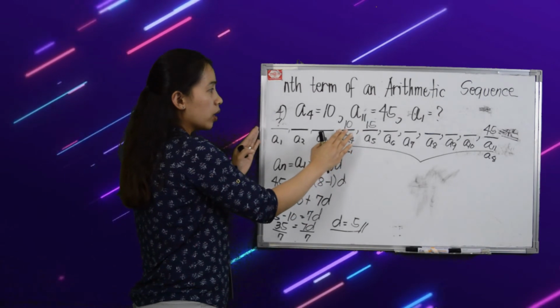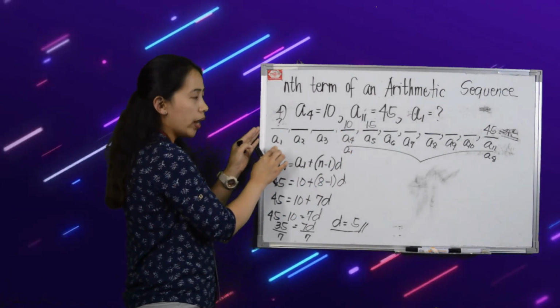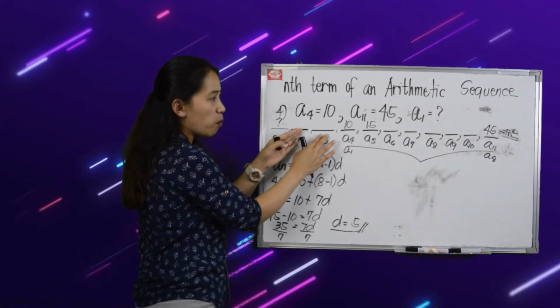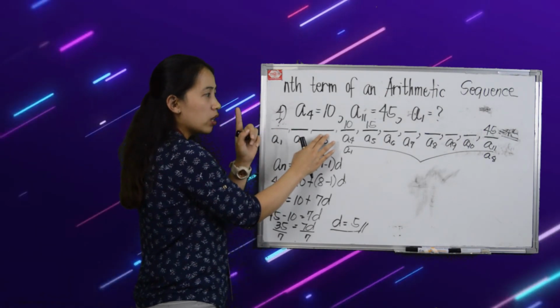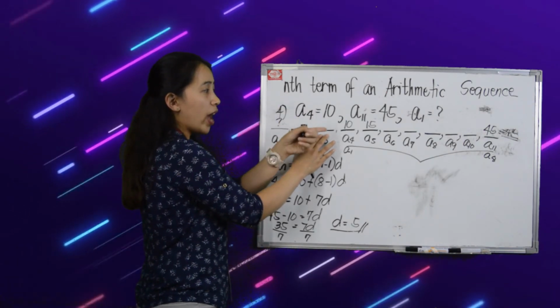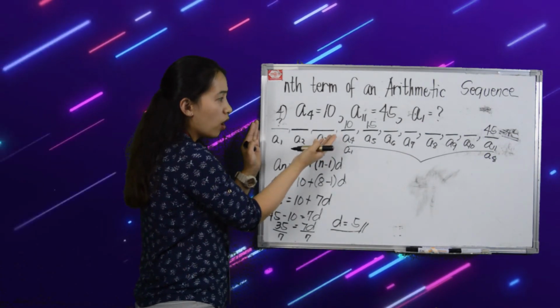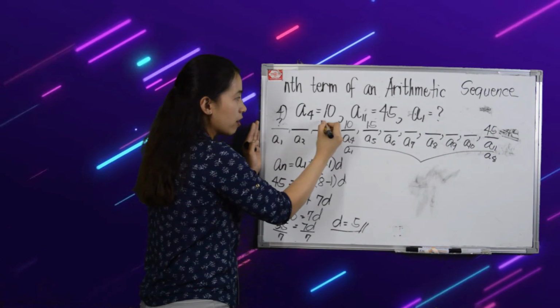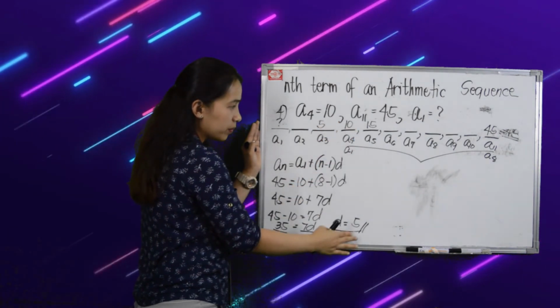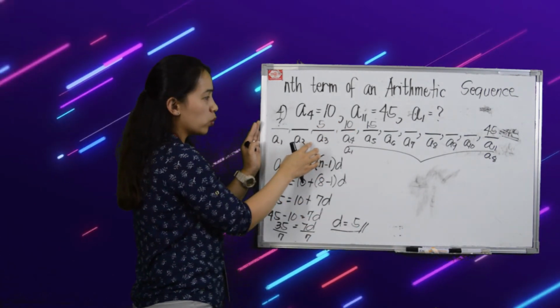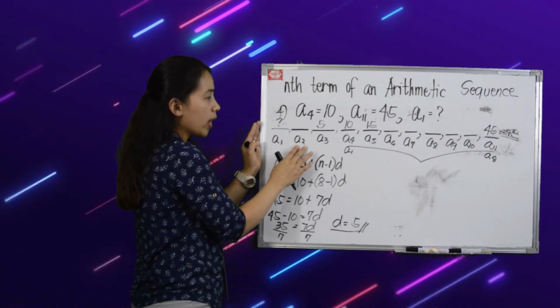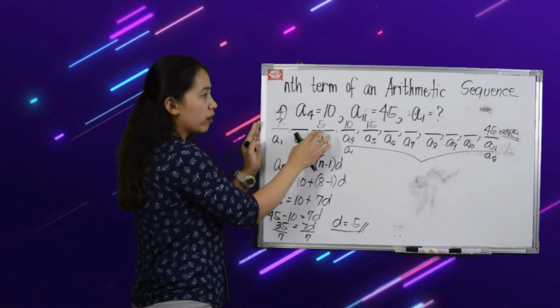But our goal is to find a sub 1. So what must be the number here, in such a way that when you add 5 to it, it will give you 10? That is 5. So 5 plus 5, 10. Next one, to get a sub 2. What number will you add to 5 to get 5?